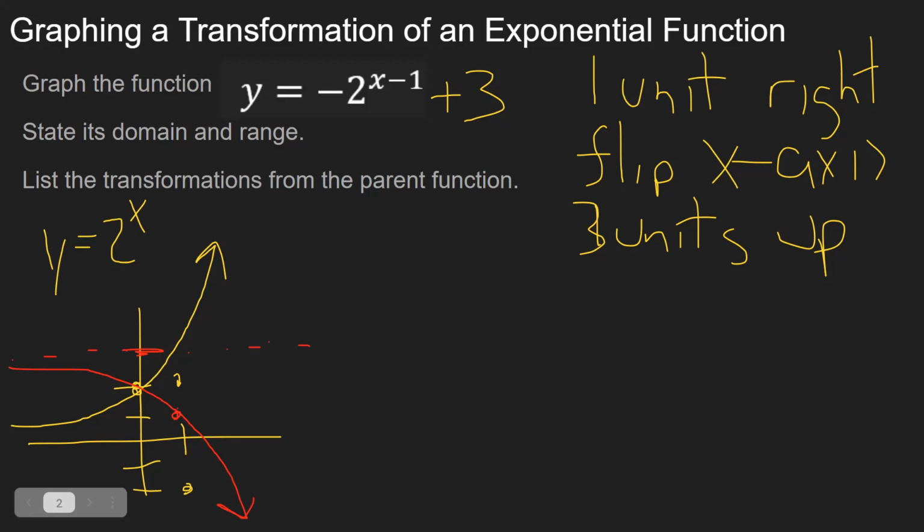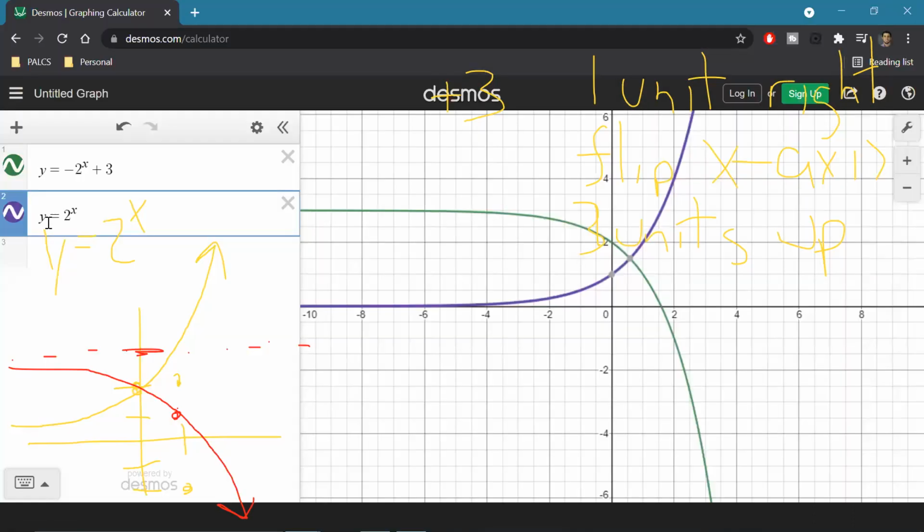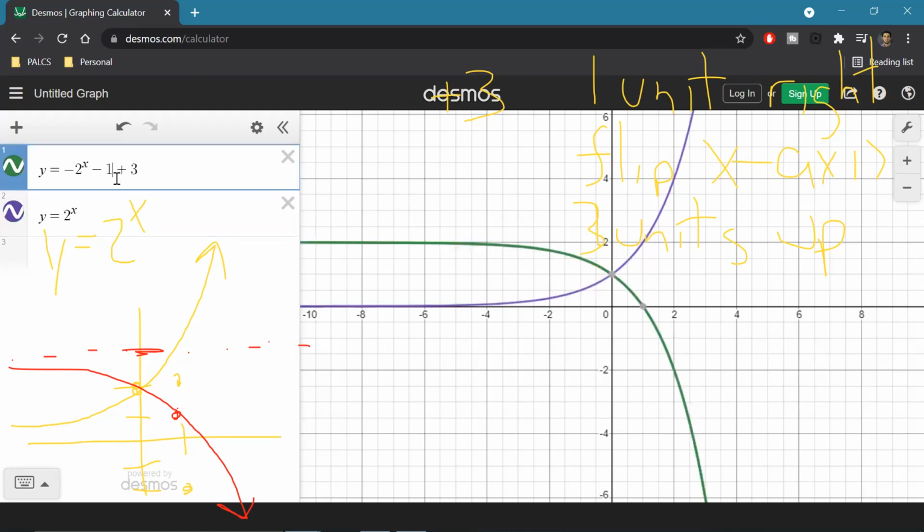Now, just to show you, I'll throw it into Desmos right here. The purple graph is the original function. Notice there's that y-intercept point right here. And then the green graph is the transformed function. Remember, it moved, oops, I forgot the -1 there.